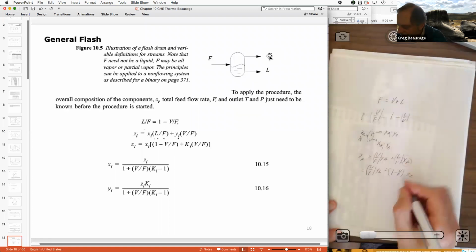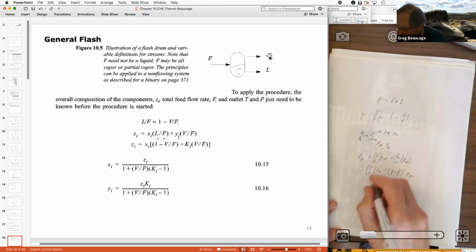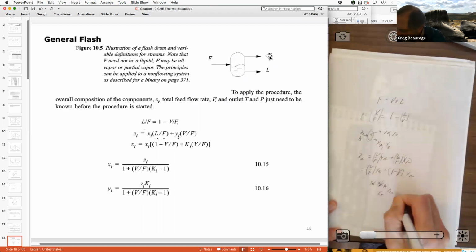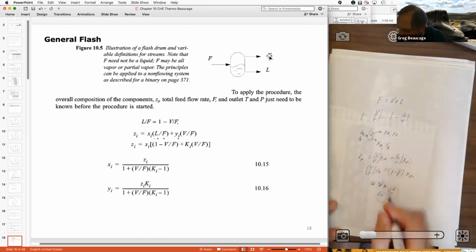Oh, you can write that Y equals X times K. So YA equals XA times KA, and KA again is P sat A over P. That's going to depend on just the temperature.